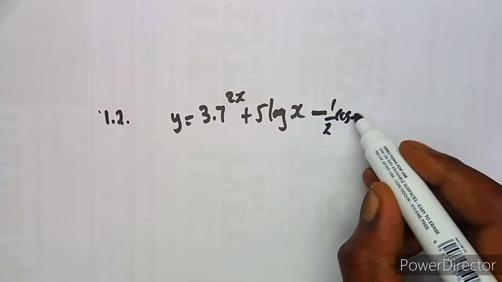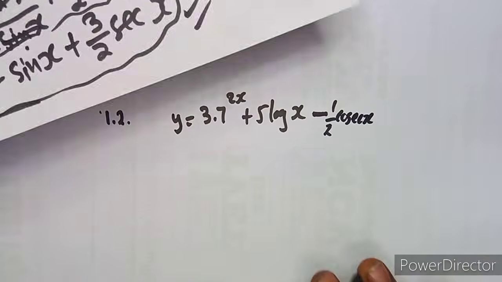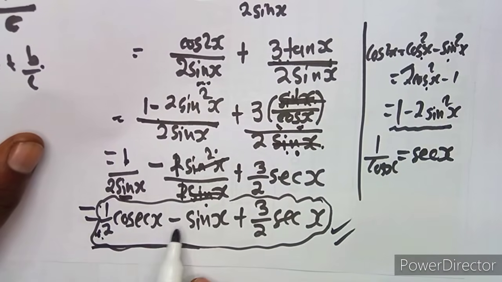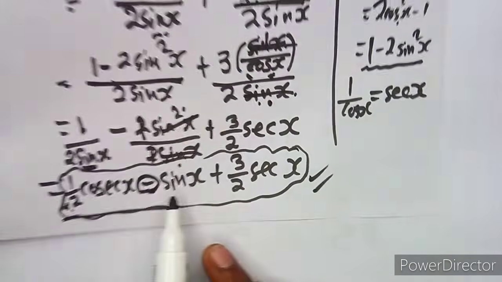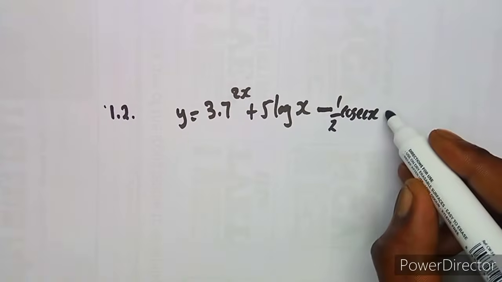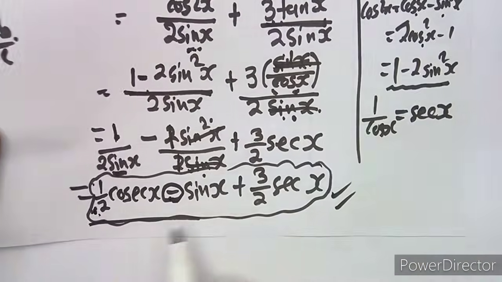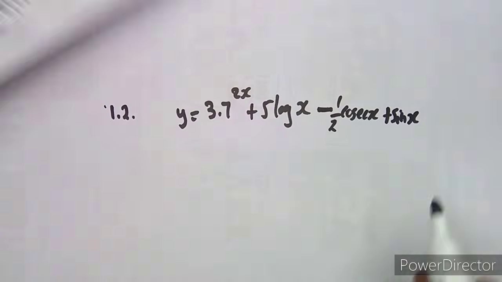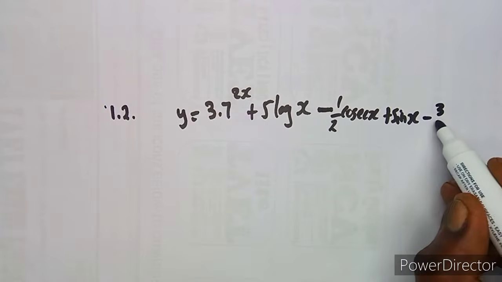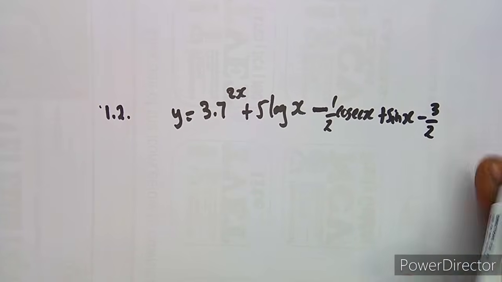cosec x. Okay, then minus times minus sine, so this minus is affecting everything, so it's minus and minus, which is plus sine x. Okay, the minus that we had times the plus of this one, so it's going to be minus, this minus is going to multiply everything.